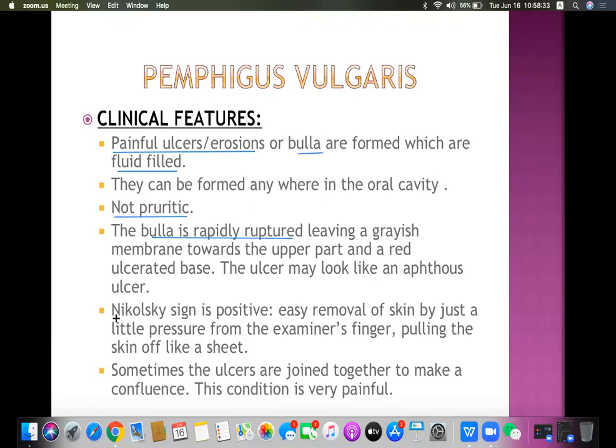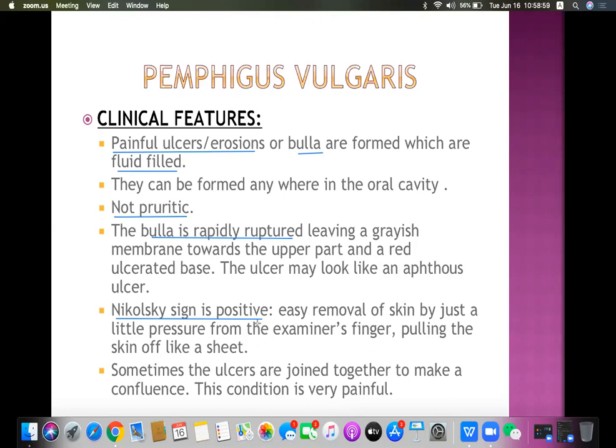Now there is one important sign which is called Nikolsky sign, and you have already learned that before. This Nikolsky sign means there is easy removal of the skin by just a little pressure from the examiner's finger. Okay, I need to give a gentle pressure on that area and the whole skin is removed like a fold of sheet. This is Nikolsky sign.